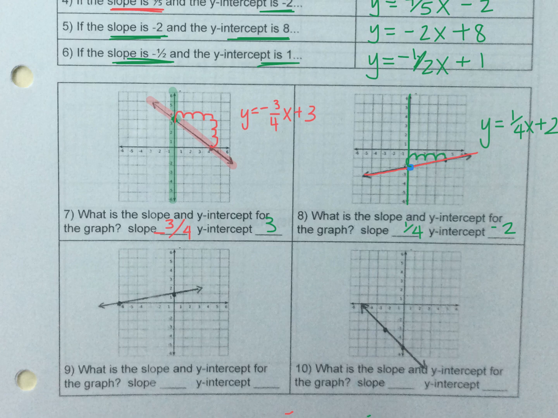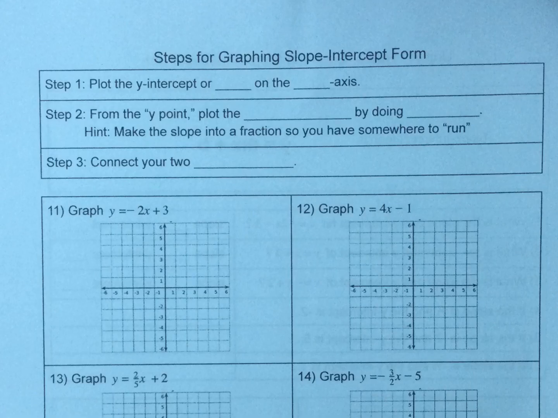I want to see if you can figure out your slope and your y-intercept for number 9 and number 10, and then write your equation. Y equals whatever x. Okay? When you're done with that, flip over to the next page for me. So a minute ago, we were looking at a graph and labeling it.